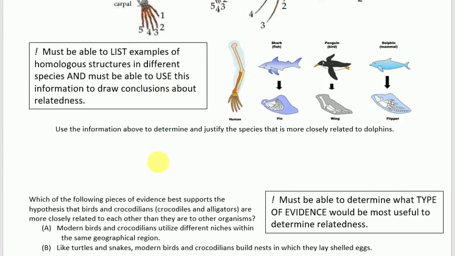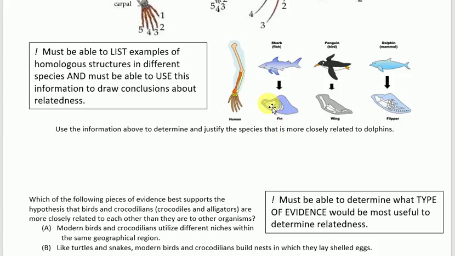So, for example, use the information above to determine and justify the species that is more closely related to dolphins. So here, we've got a human, a shark, a penguin, and a dolphin. So automatically, I think that we tend to lump things together based on where they're found. So for instance, the ocean, your first instinct might be the shark.